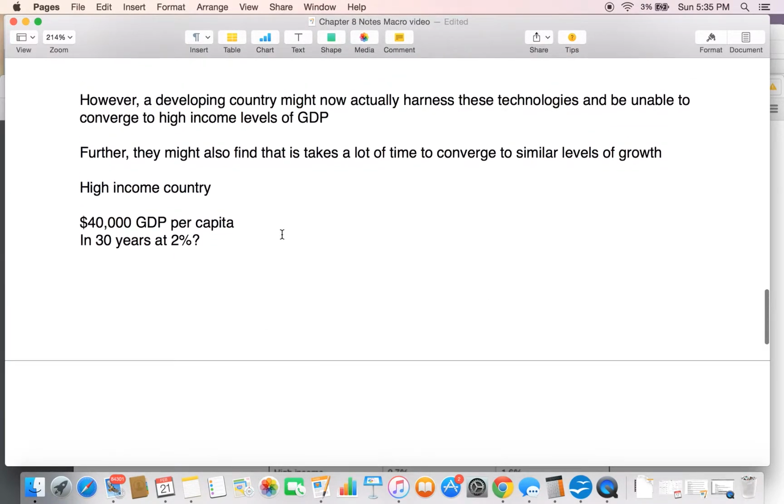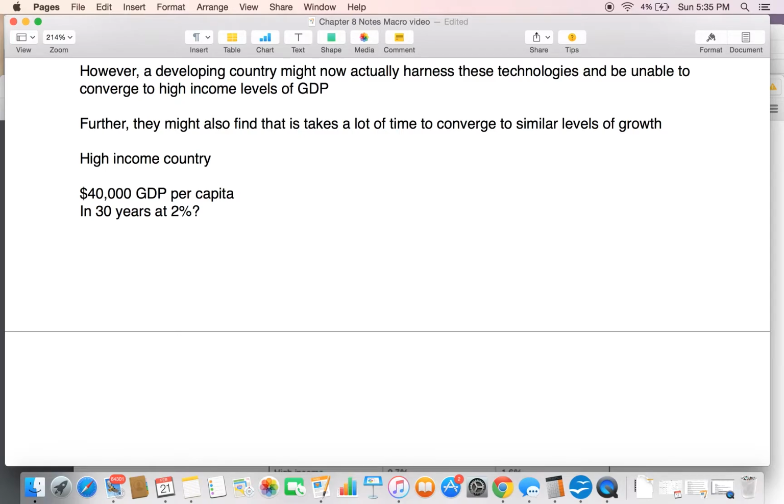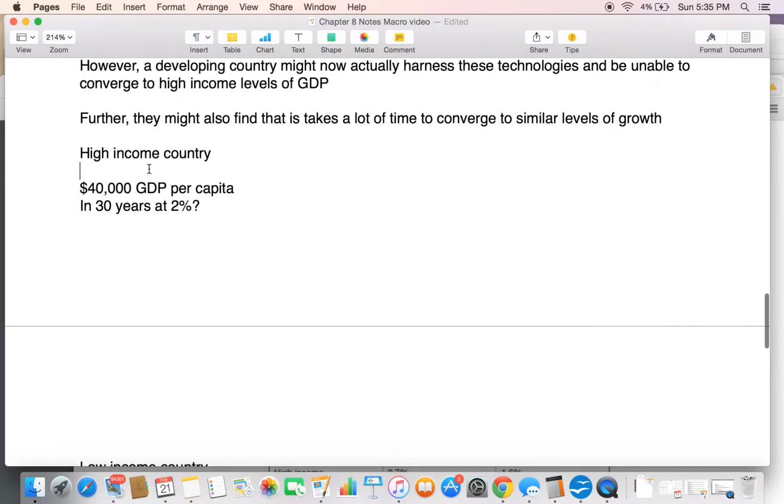So let's look at an example, and we'll use our compounding growth rates again. So say this is the United States. And in the United States, we have GDP per capita of $40,000. So what will this look like in 30 years?